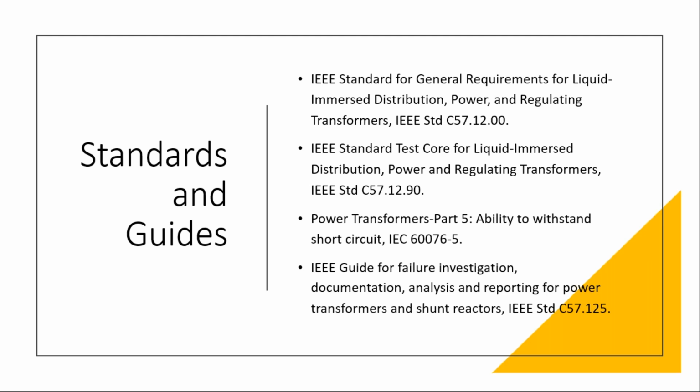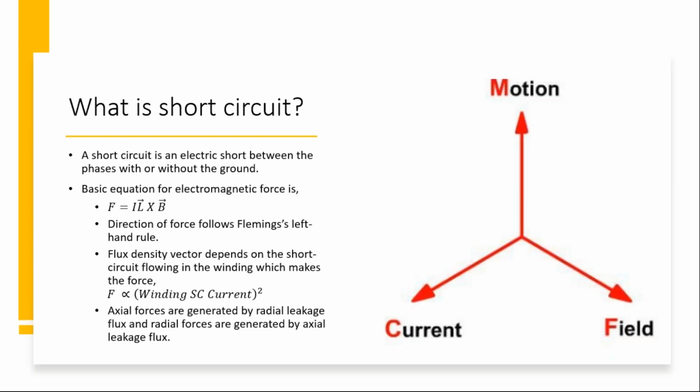These are all the four standards, a quick reference for anyone who wants to look more into the short circuit requirement. So what is actually a short circuit? A short circuit is a short between two lines or two conductors which are at different potentials, which will tend to drive an infinite amount of current, assuming the fault has 0 impedance. When a fault occurs in the system, you have a circuit breaker that protects the system and all the equipment connected to it.